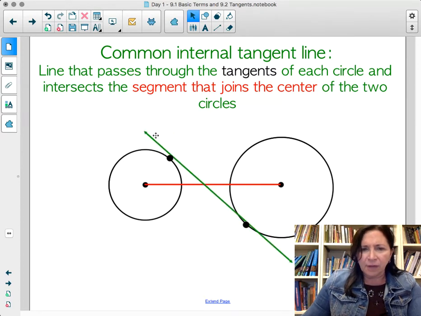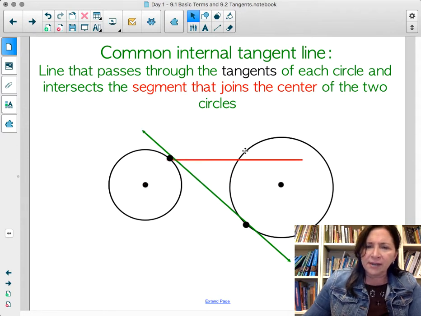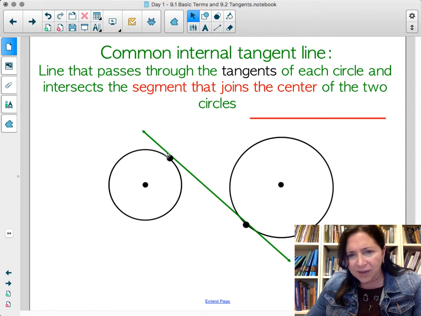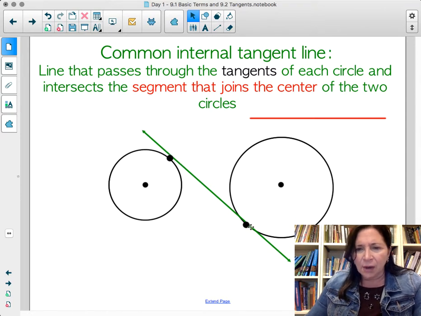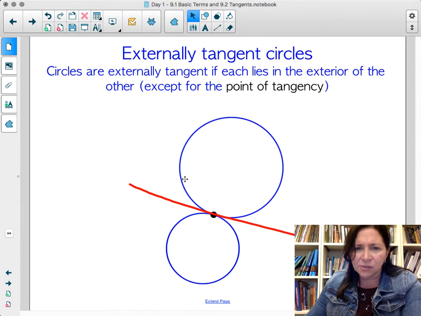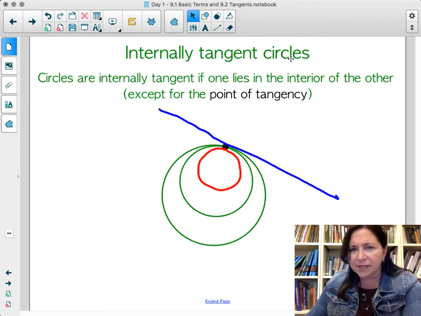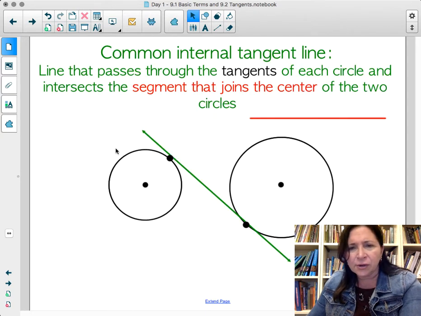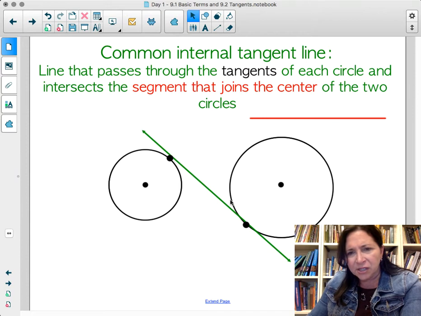Now this green line right here is what we call a common internally tangent line. A common internally tangent line is a line that is tangent to both of these. Now it's not the same as this one here, which is an internally tangent circle. It's a common internally tangent line. This line touches both of the circles in one point.